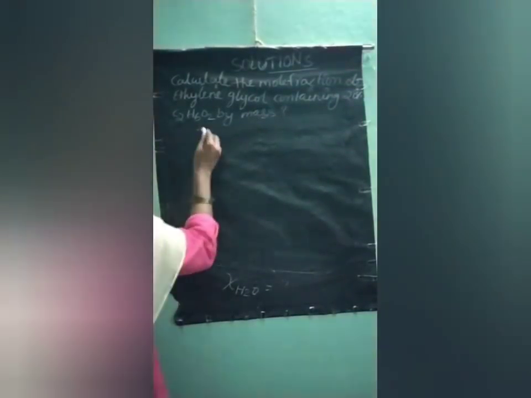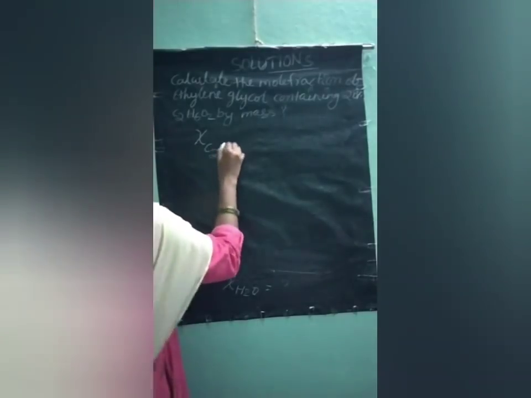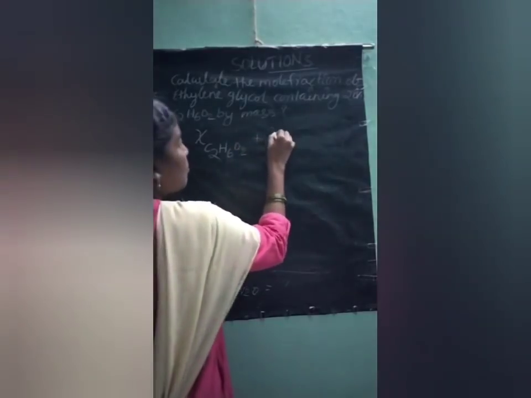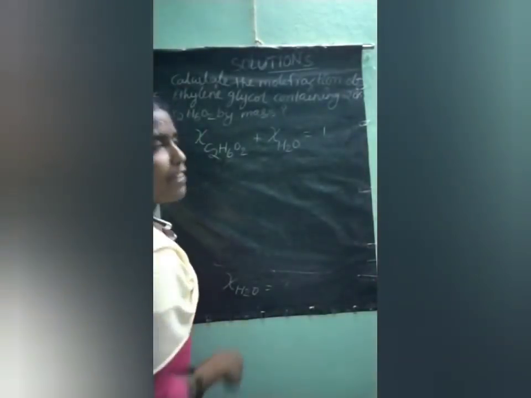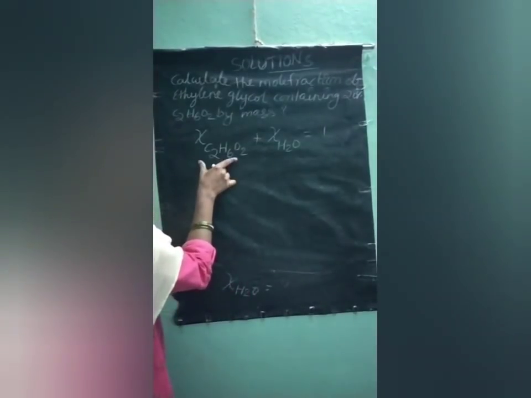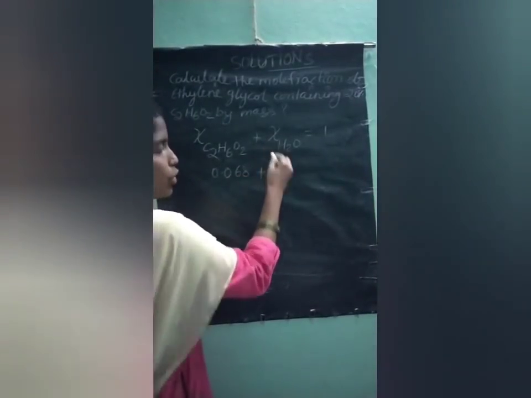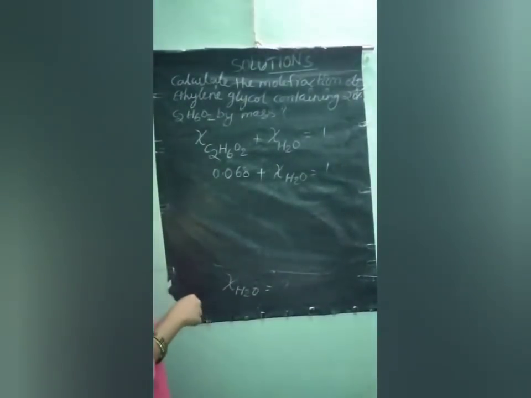Okay, so sum of all mole fractions means sum of the mole fraction of the ethylene glycol plus mole fraction of the water. Here these two are the components present in the solution. It is always equal to 1. We already calculated the mole fraction of the ethylene glycol, that is 0.068, and we don't know the mole fraction of the water, so I am writing it like this, equal to 1.